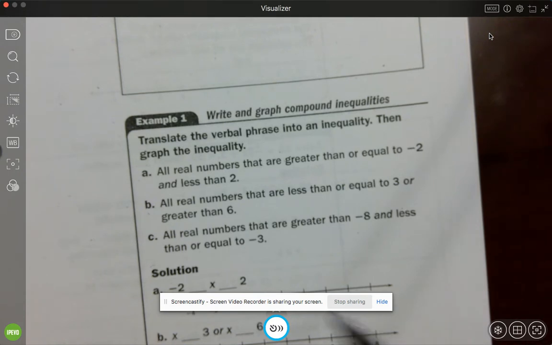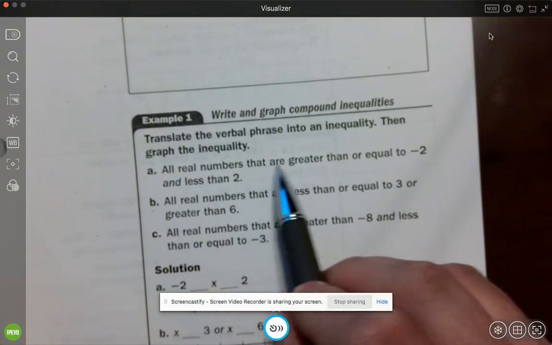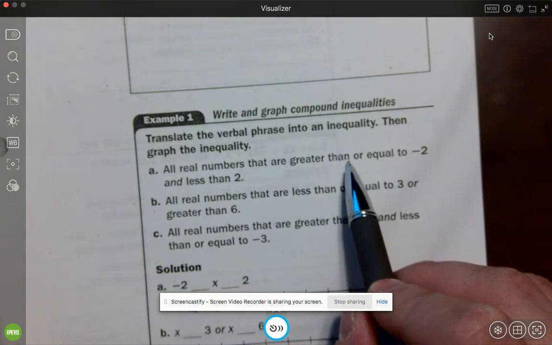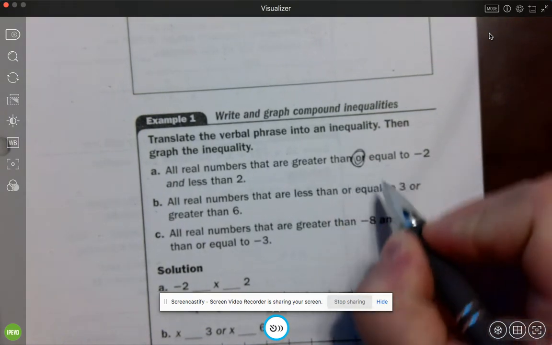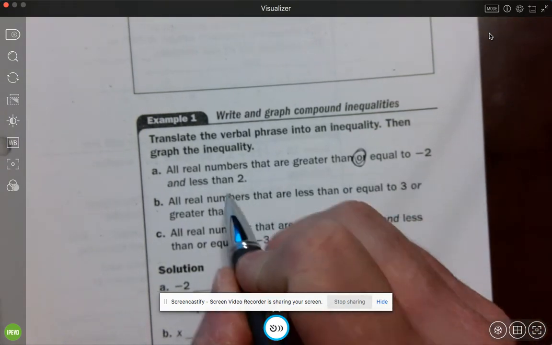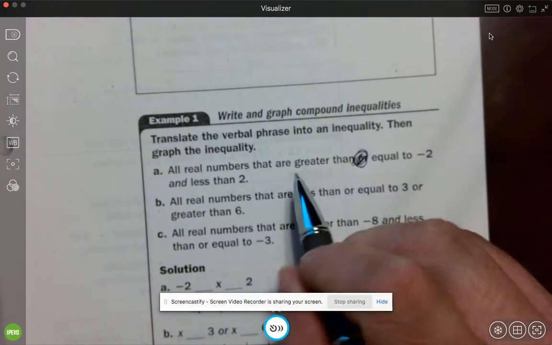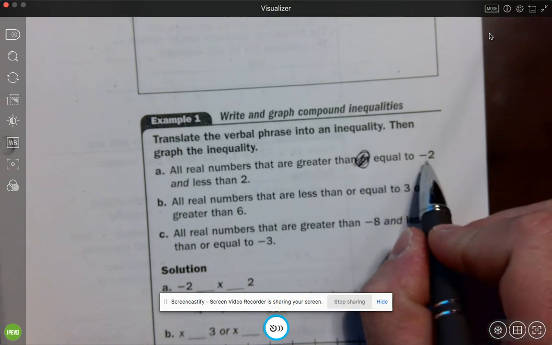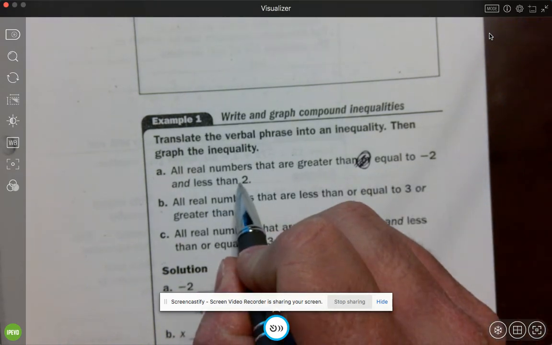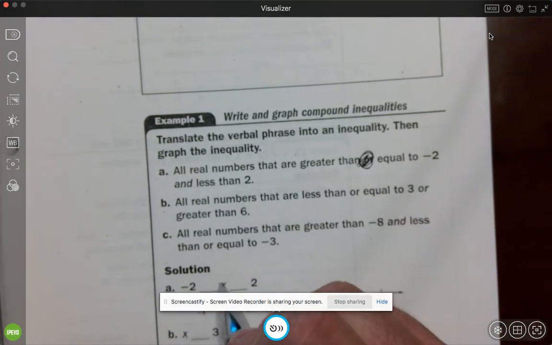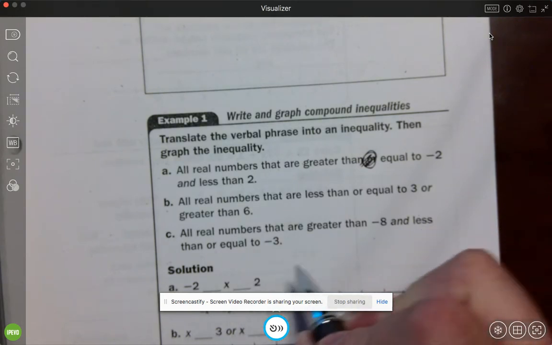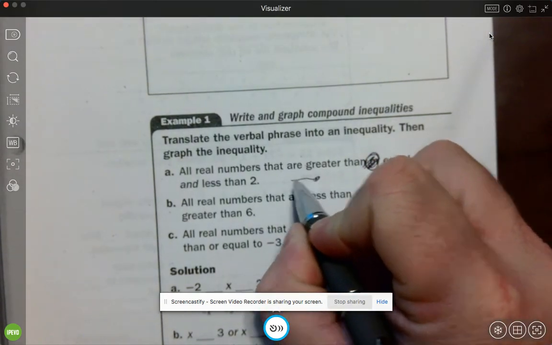The first one says all real numbers that are greater than or equal to -2 and less than 2. Actually, the or is not as important as I thought. When you do that one, it's an and, so you know it's going to give you the barbell.